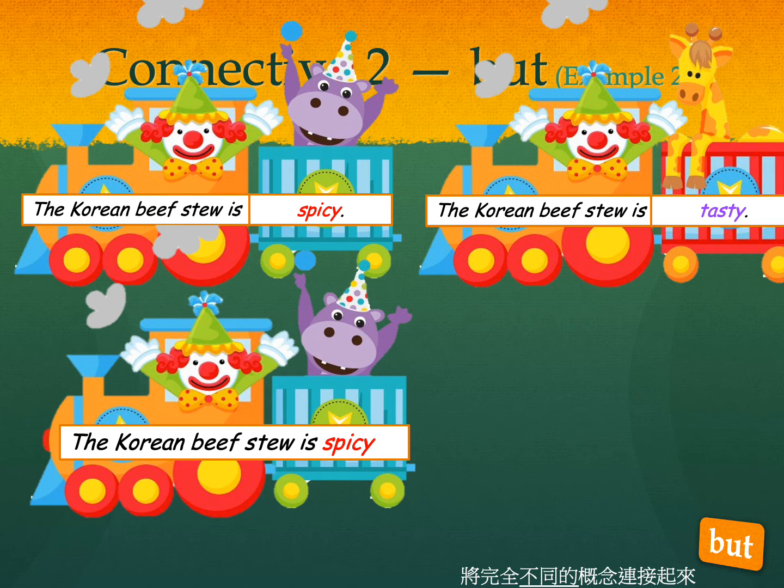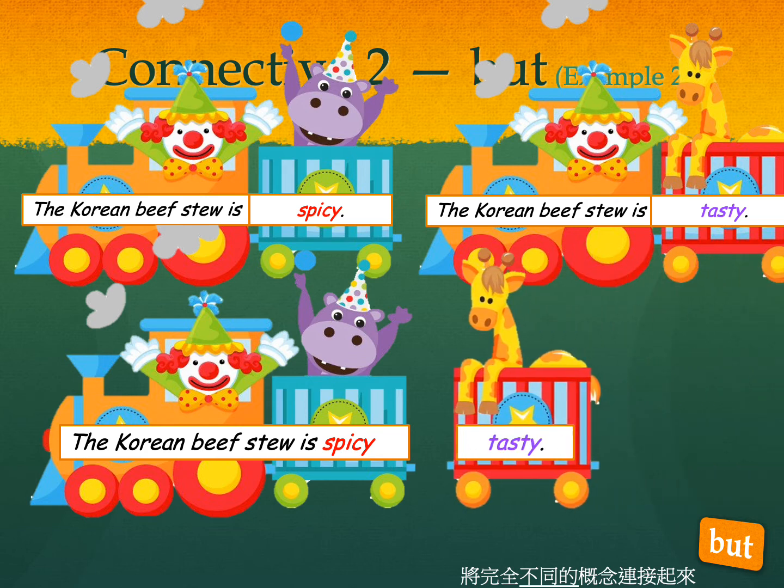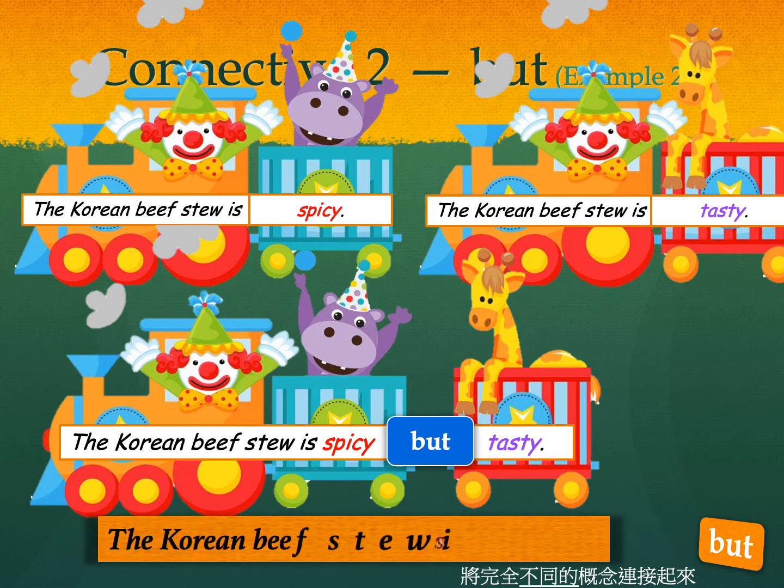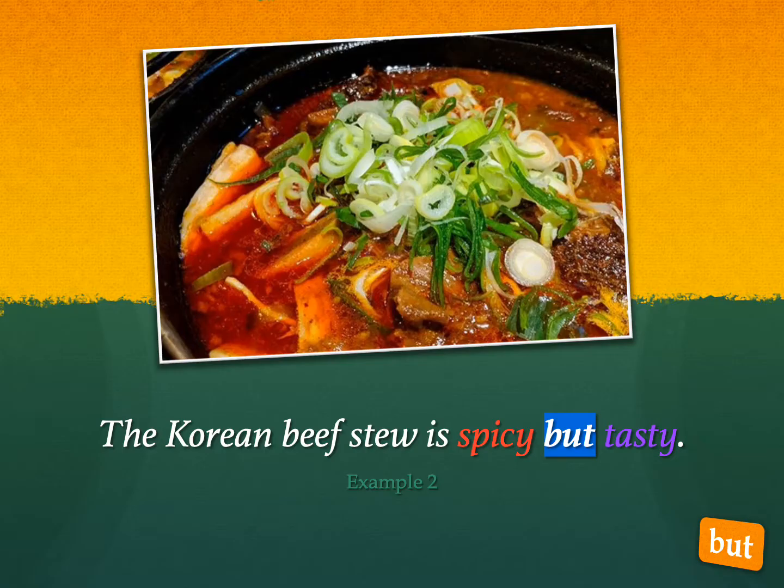The Korean beef stew is spicy, tasty. And then we put but in between. It becomes the Korean beef stew is spicy, but tasty, so I like it. Picture description. The Korean beef stew is spicy, but tasty.